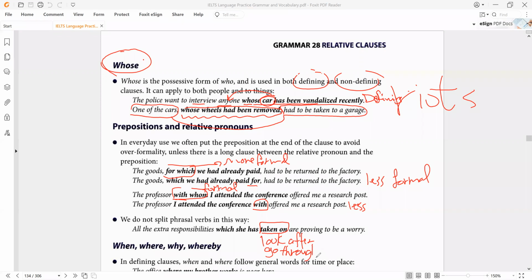These are called phrasal verbs. It is not one part, not a single verb, but a verb with a preposition or so on. Look after, look through, look in, look up are all phrasal verbs. So we don't split these verbs.